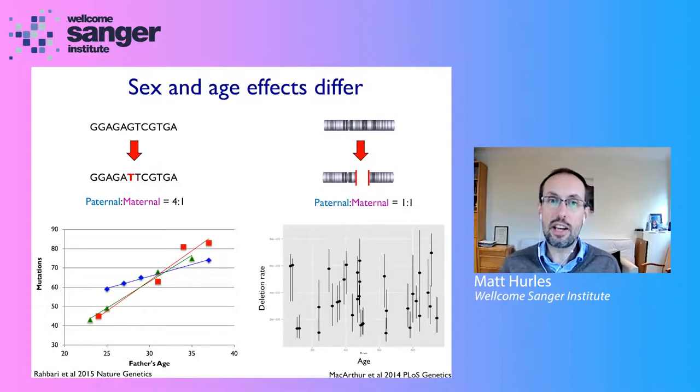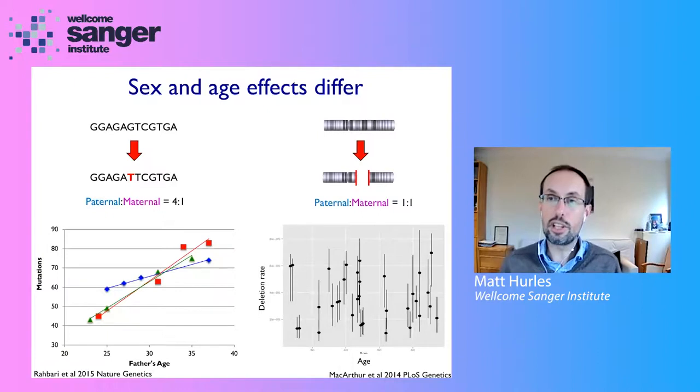But that's not to say that these kinds of effects of sex are the same for these different types of mutation process. And here I'm contrasting two different mutation processes. On the left-hand side, we're looking at those single base changes that I mentioned. And I already told you that those comparisons between humans and chimpanzees indicated the mutation rate was significantly higher through the male line than the female line.